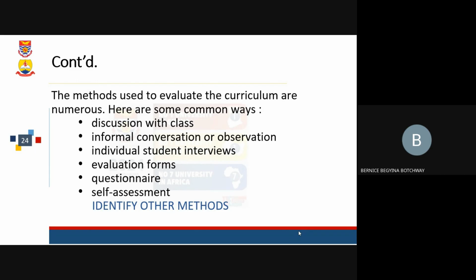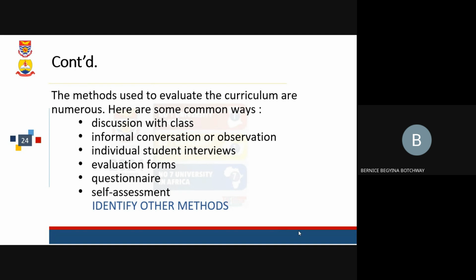You can use such a method to evaluate a curriculum. It can be through interviews, where we interview students. We can also interview teachers, and other staff in the school to see how the curriculum is being observed in the schools.